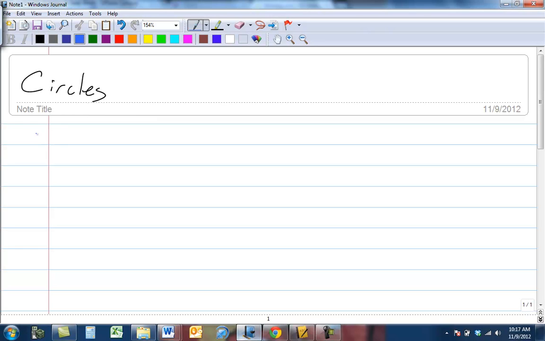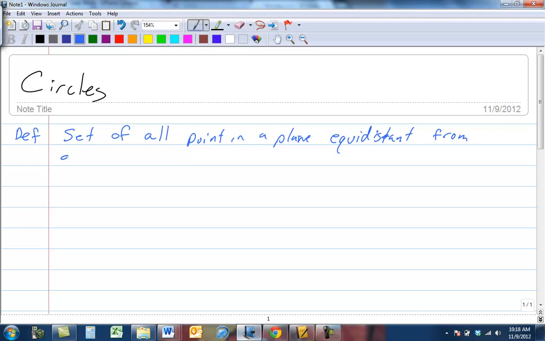All right, the first day of conics is all about circles. Let's start off with a definition. Definition of a circle is the set of all points in a plane equidistant from a fixed point called the center.